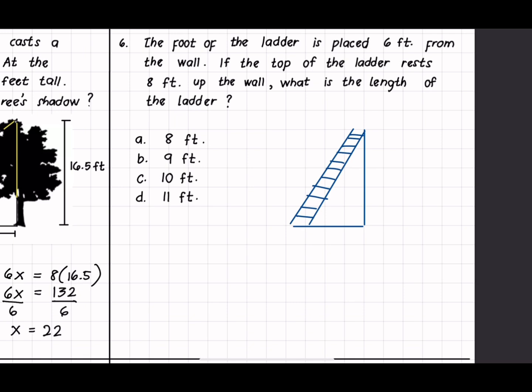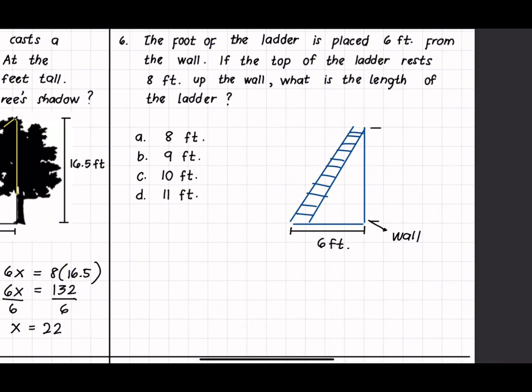So based on the problem, the foot of the ladder is placed 6 feet from the wall. So if this is the wall, the measurement from the foot of the ladder to the wall measures 6 feet. And the top of the ladder rests 8 feet up the wall. So this is the top of the ladder.